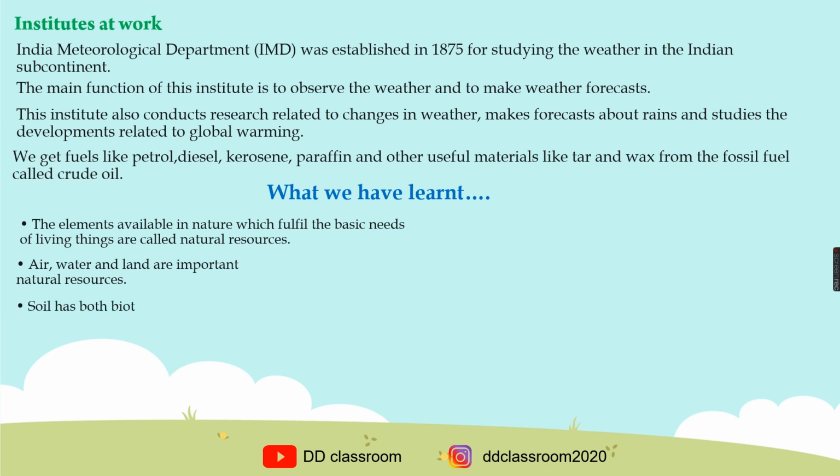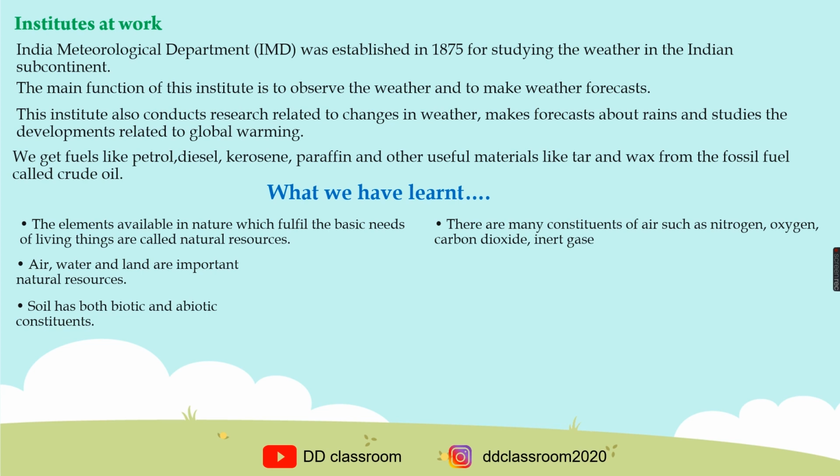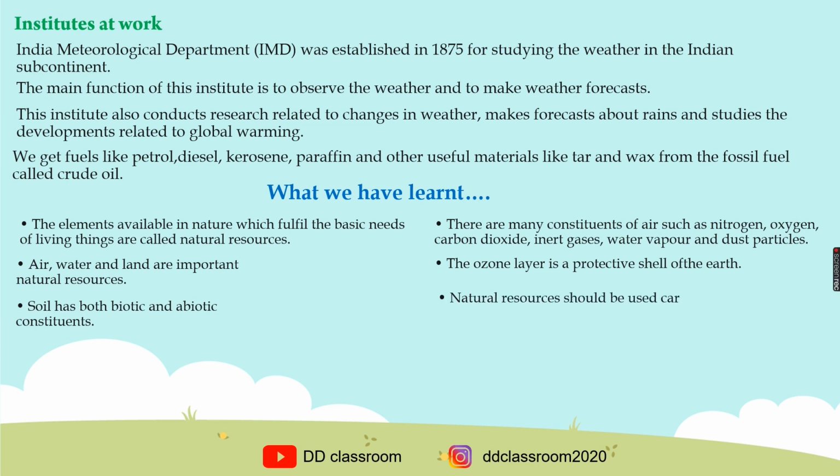Soil has both biotic and abiotic constituents. There are many constituents of air such as nitrogen, oxygen, carbon dioxide, inert gases, water vapor, and dust particles. The ozone layer is a protective shell of the earth. Natural resources should be used carefully and sparingly.